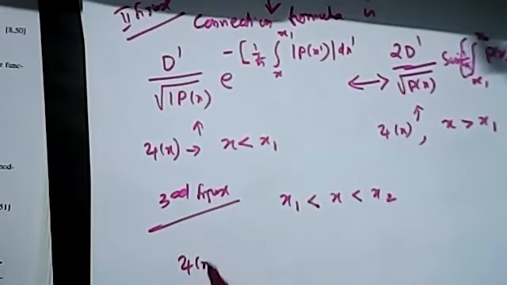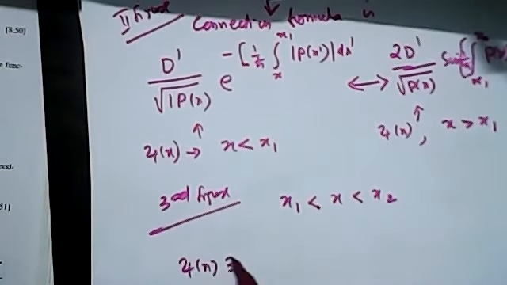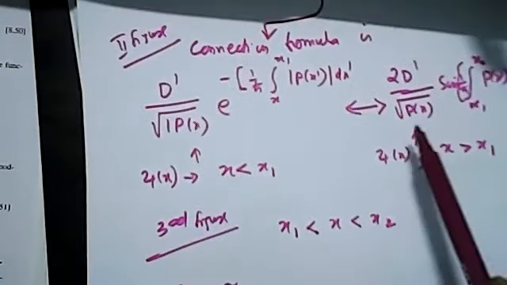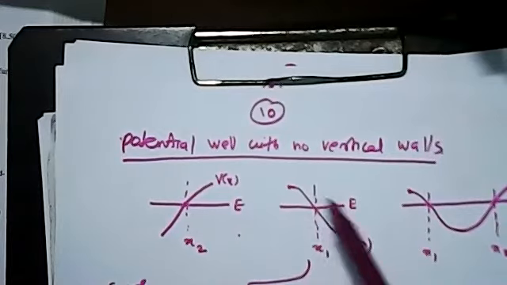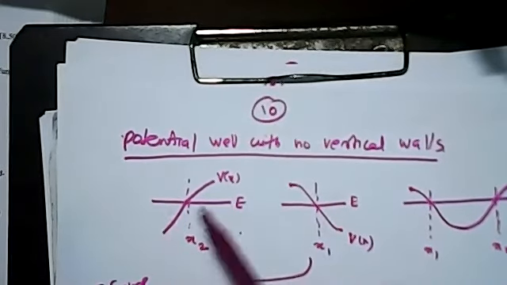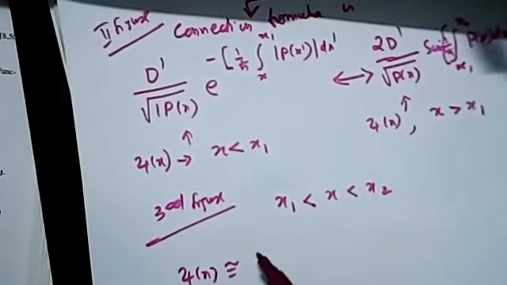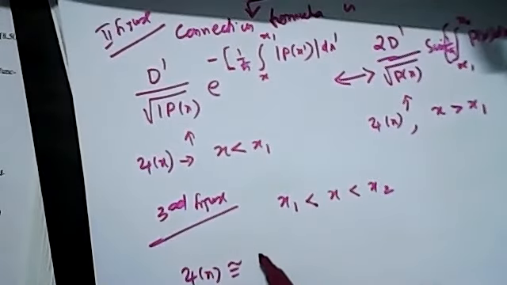psi of x approximately equal to... actually, we have to combine first this result on the x1 side and second this result. Both results we have to write. So take it from the previous equations.